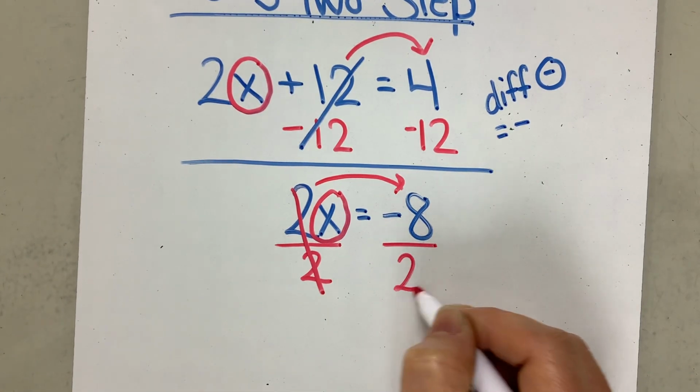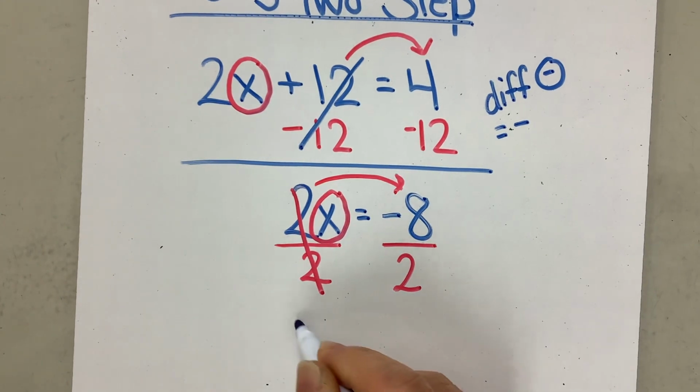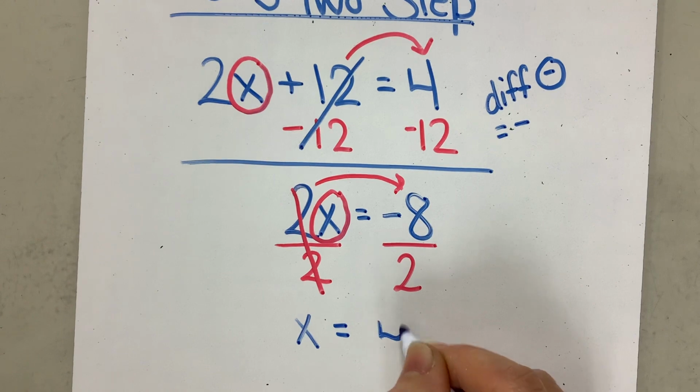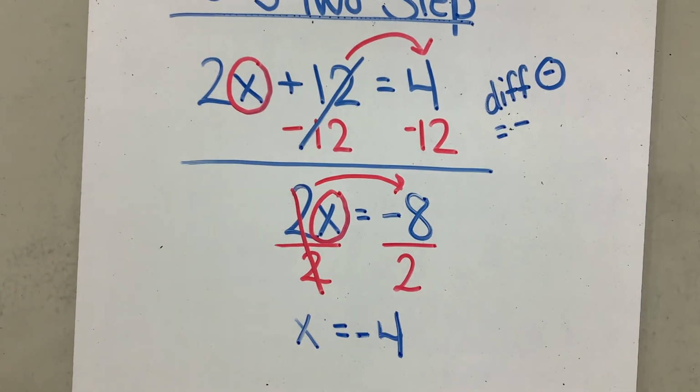Whatever we do to one side, we have to do to the other. And then that leaves us with x equals 8 divided by 2 is 4. And that negative comes along, okay, because the negative tends to pull us down. This is what is known as a two-step equation.